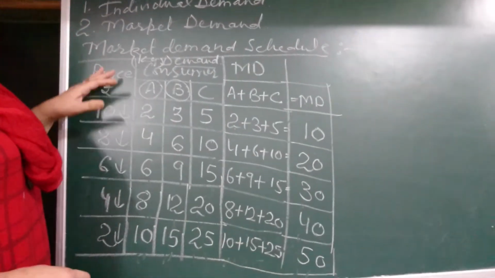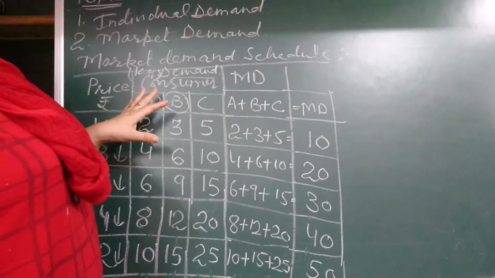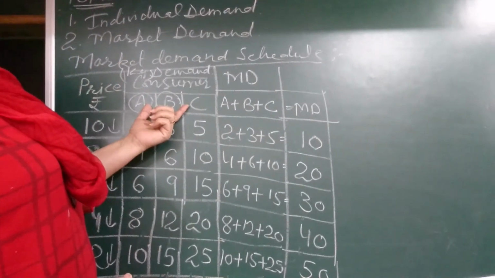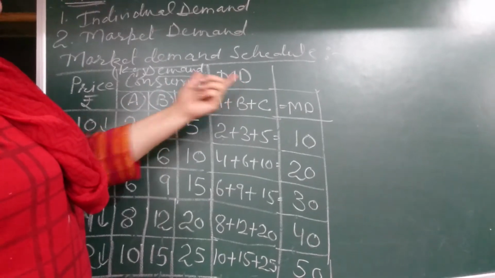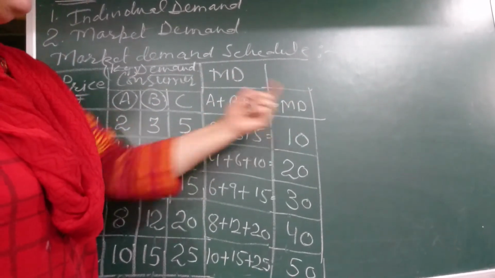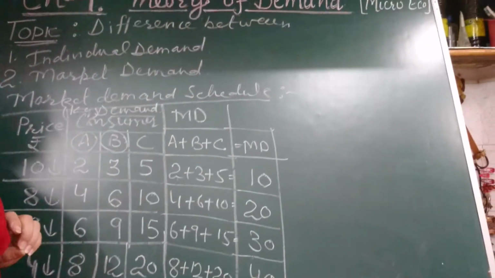It means market demand shows the relationship between price and all consumers demand. That is known as market demand. Horizontal summation of all consumers demand is known as market demand. So this is market demand schedule.